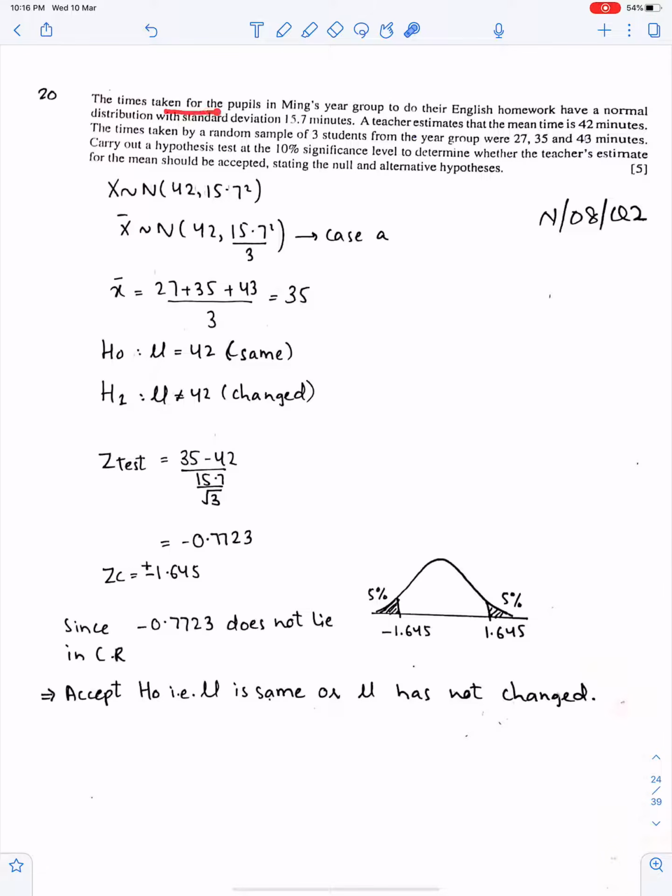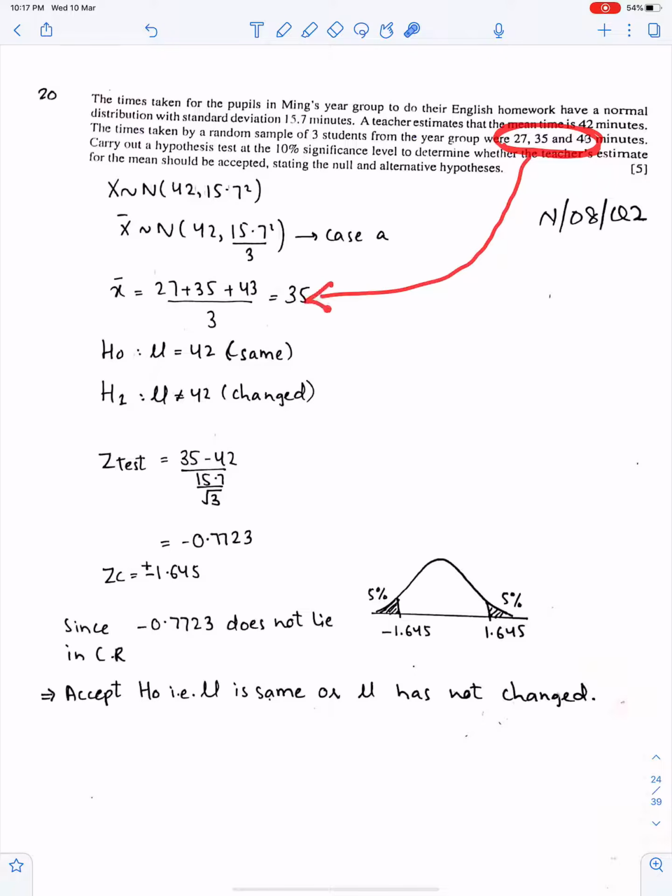The times taken for the pupils in Ming's year group to do their English homework have a normal distribution with standard deviation given. Our teacher estimates that the mean time is 42. Sample of 3, so x bar is normal. This is a case of sampling, and with the help of these 3 data values, we can get the test value.